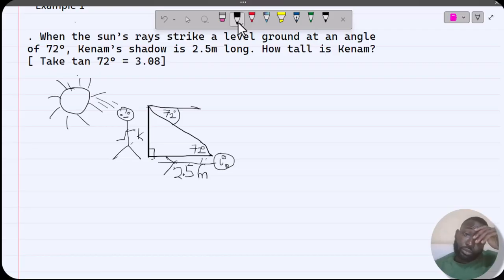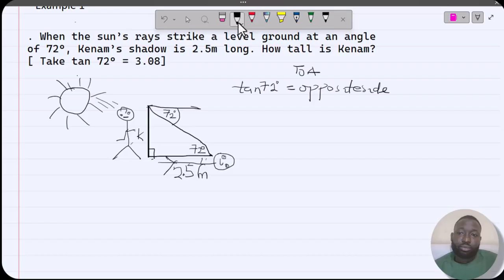Now, let's look at this one carefully. Our tan theta, here the theta is 72. Tan of 72, we learned that is, by the mnemonics, TOA: opposite side over the adjacent.